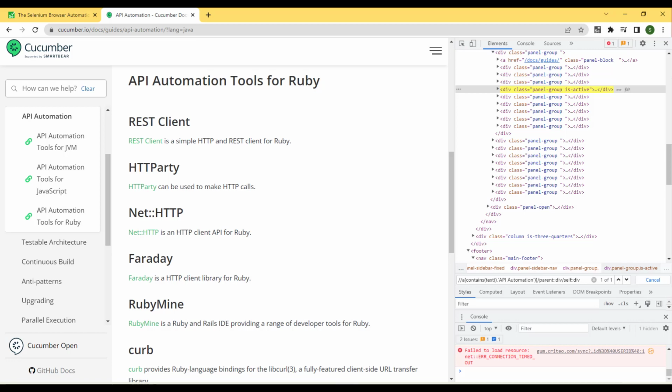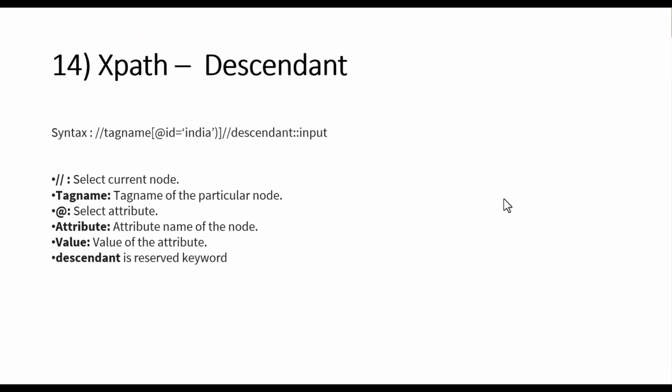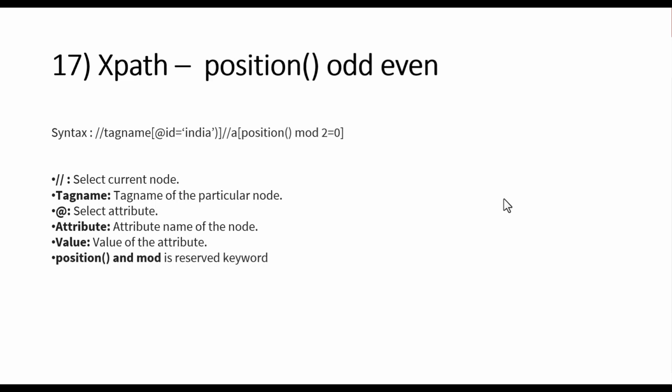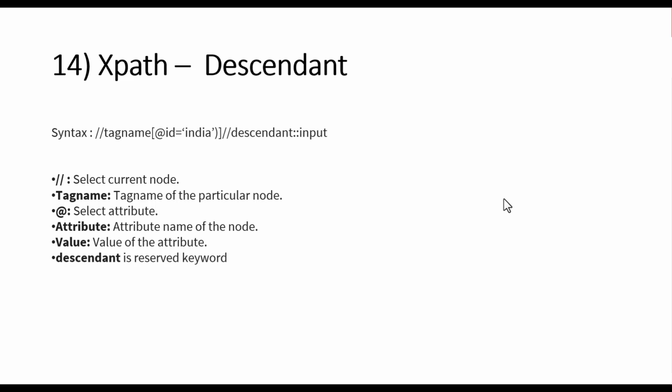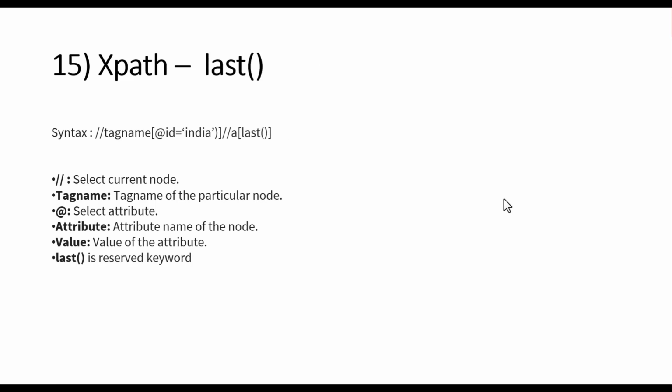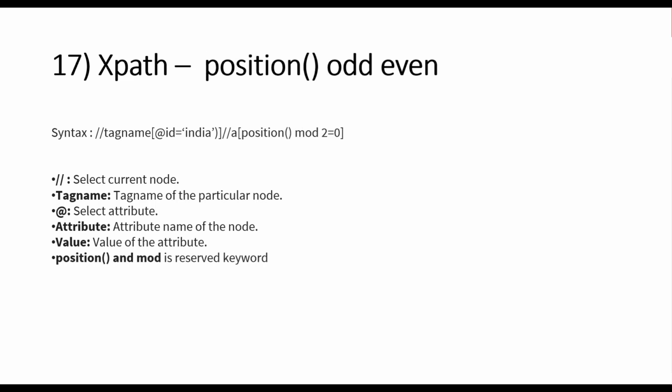So after this one we have descendant, last, position, and position odd even. Let's see how we can use last, descendant, and position.